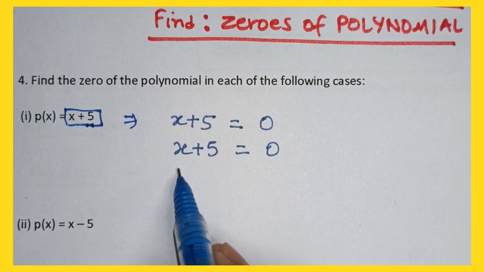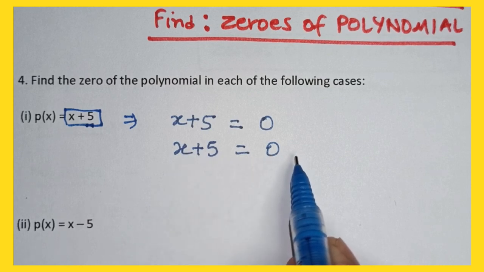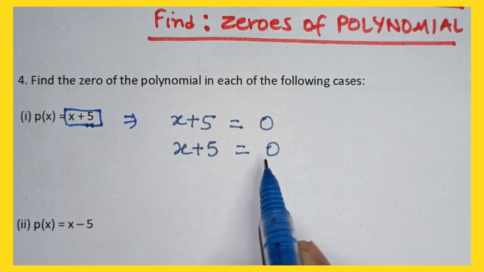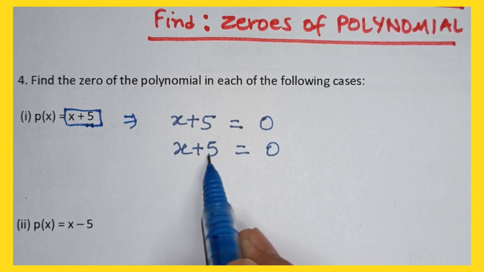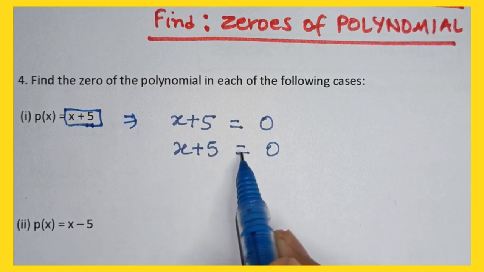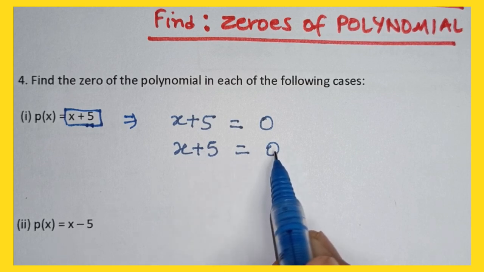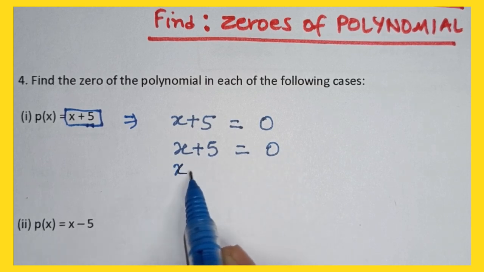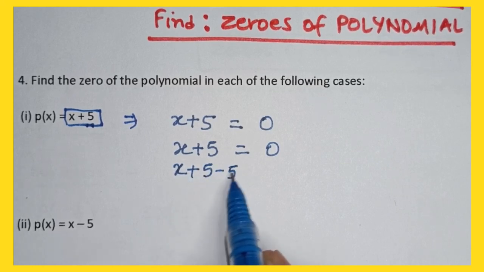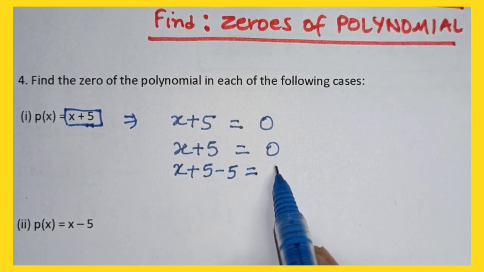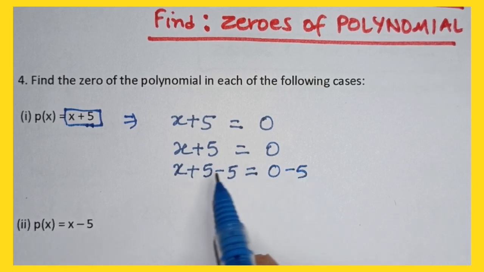Subtracting 5 on both sides, because if you do the same operation on both sides, its total effect will be nothing. So we subtract 5 from the left hand side and the right hand side of the equal sign. This becomes x plus 5 minus 5 is equal to 0 minus 5.